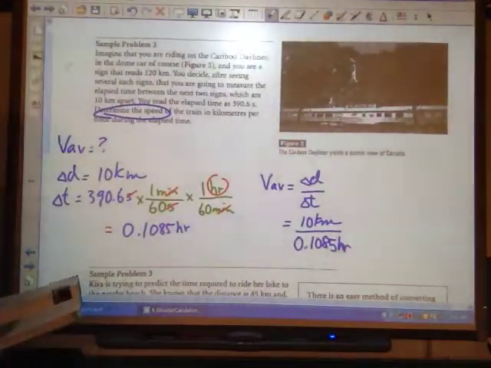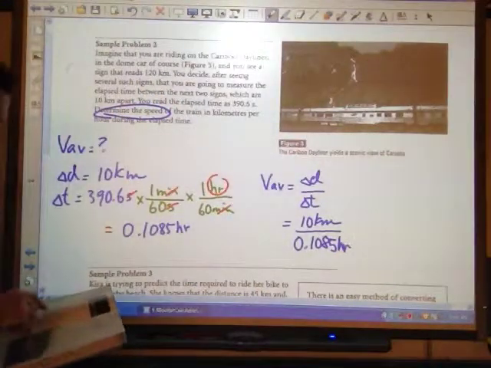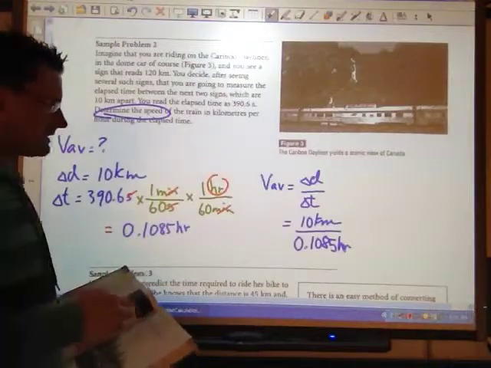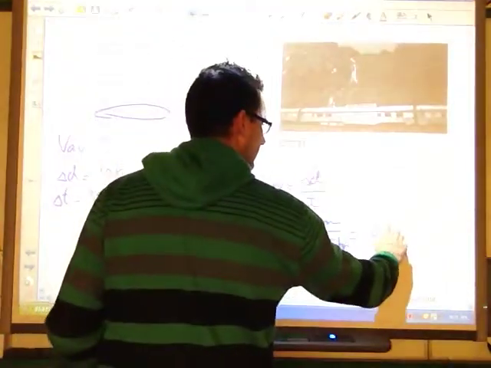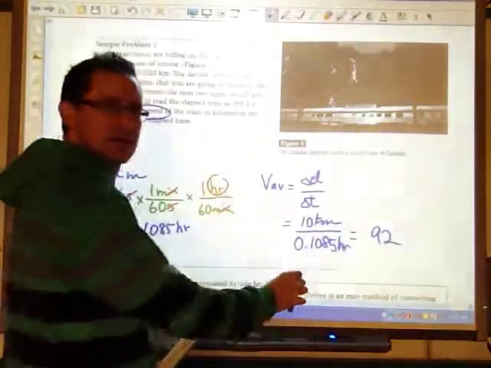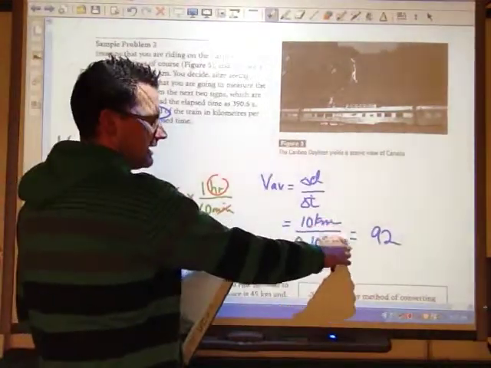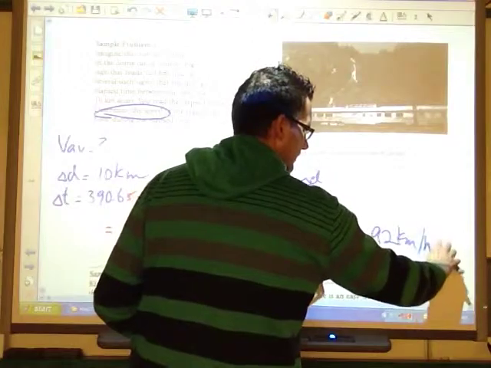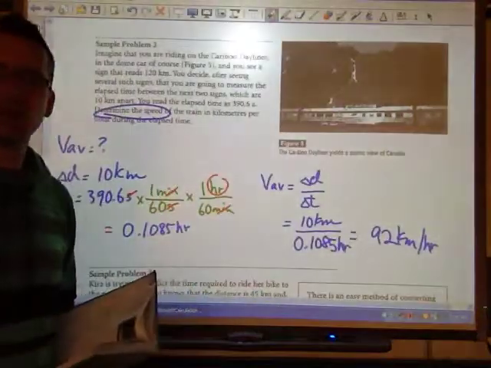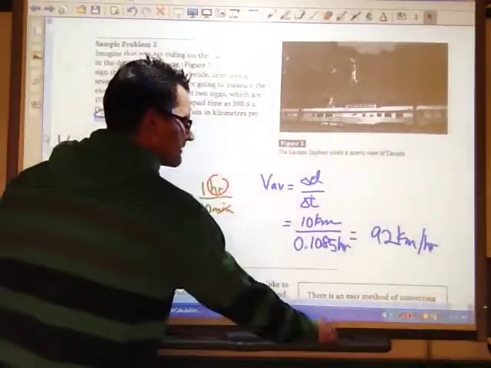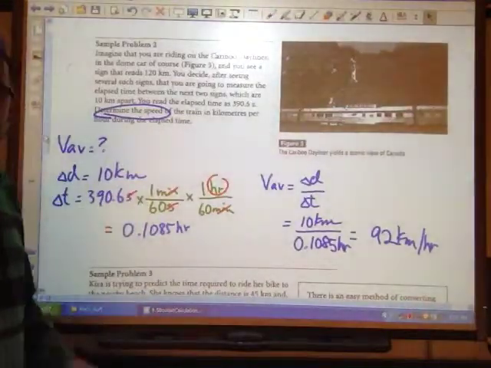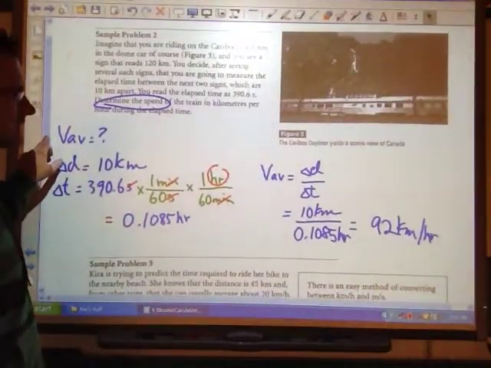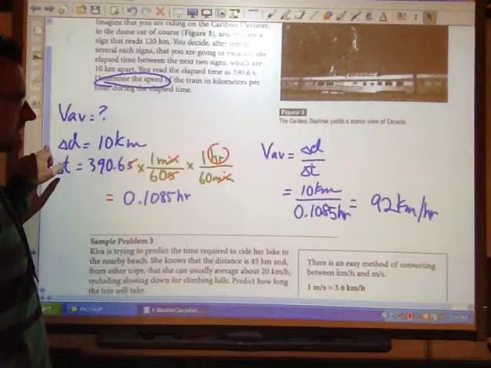Okay, so 10 kilometers divided by 0.1085 hours. When you work it out on your calculator, you should get 92. And our unit here, kilometers on top, hours on the bottom, kilometers per hour. So relatively easy there, except for that one little side calculation that we had to do in order to convert seconds into hours.